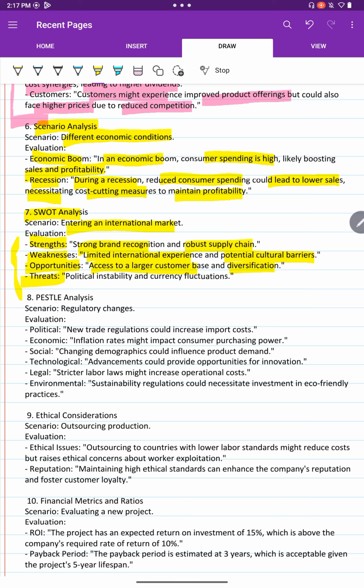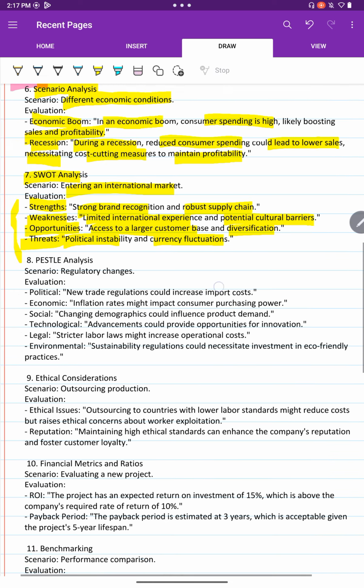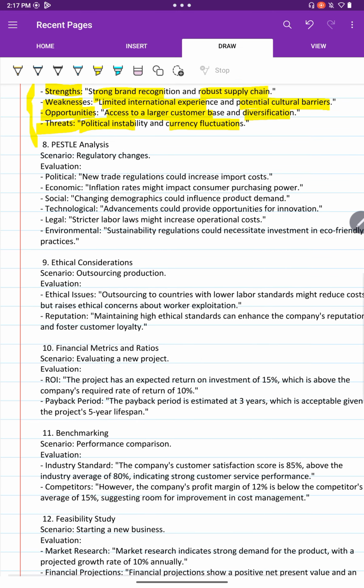And maybe we want to know whether we have threats or not. If there is political instability in the new market or currency fluctuation, this will also influence us. So we have to talk about those things which will influence our business strategy.